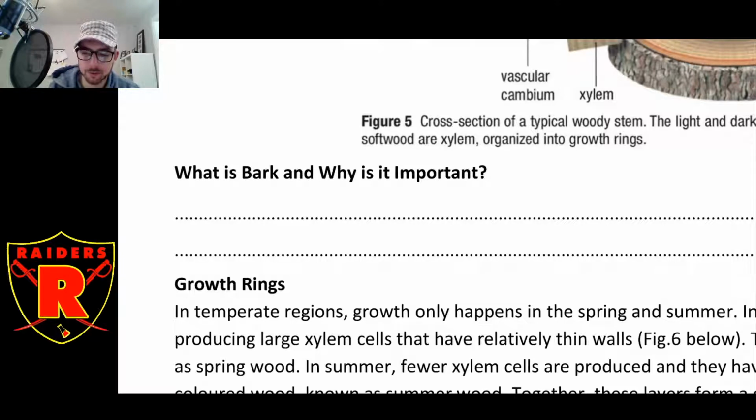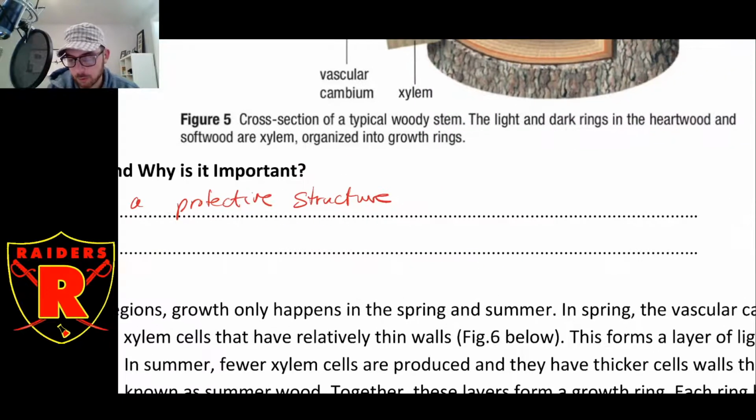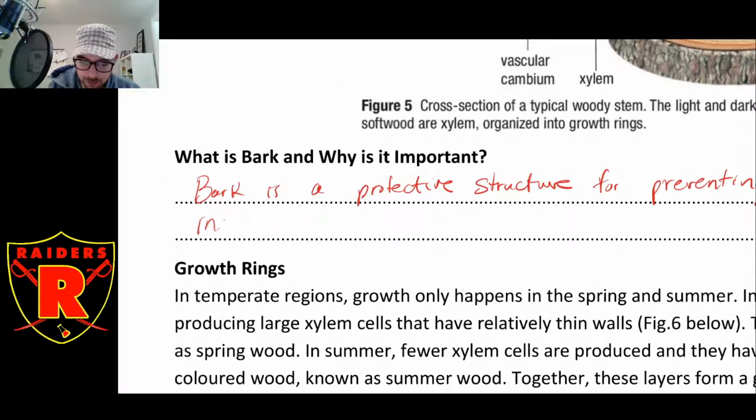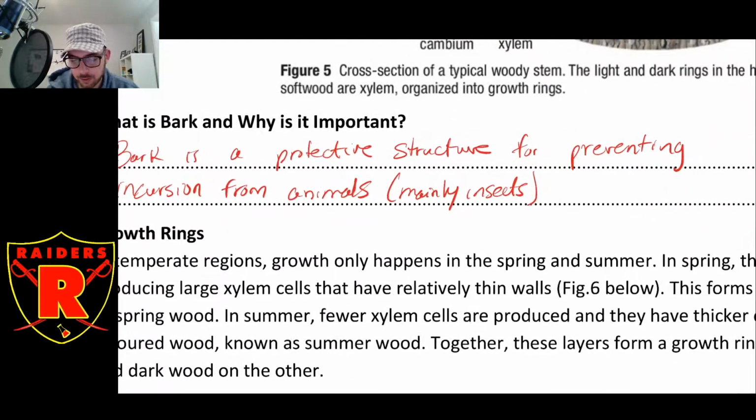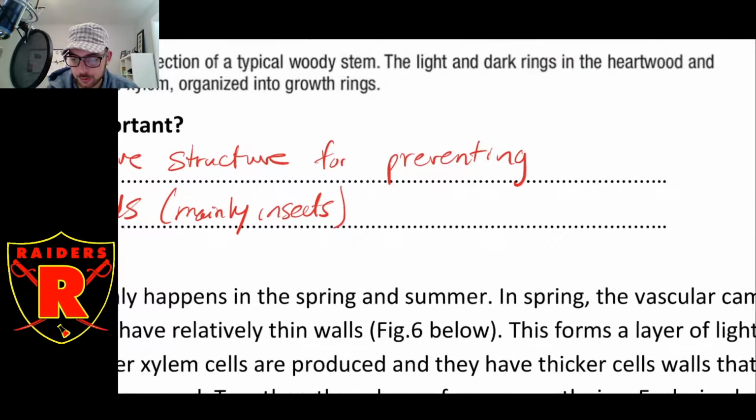It's protective, mostly for preventing insects from stealing nutrients from the tree. So it's for preventing incursion from animals and plants.